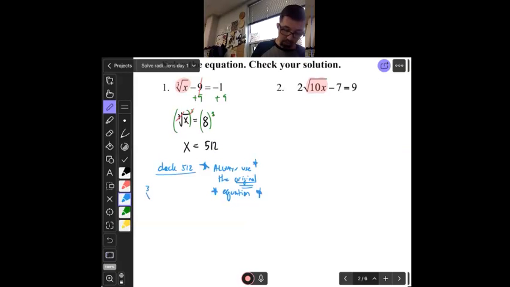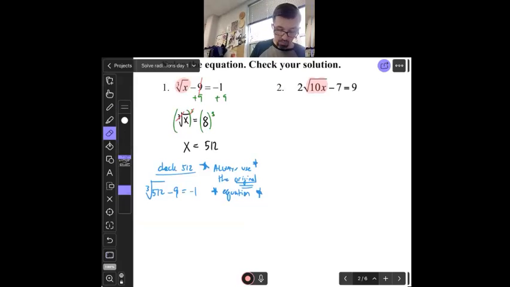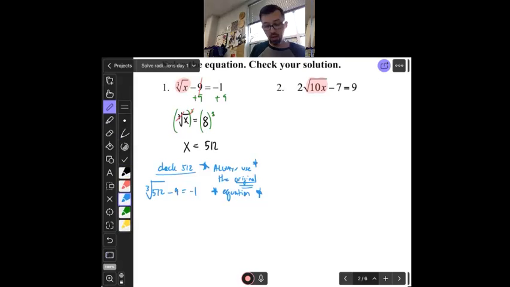So the cube root of 512 minus 9 is supposed to be -1. And so that's where we do it, and then how do we do it? You simplify only, and this is again something I've talked to you guys about before. Simplify only. By that I mean you do not ever move anything across the equal sign when you're checking.